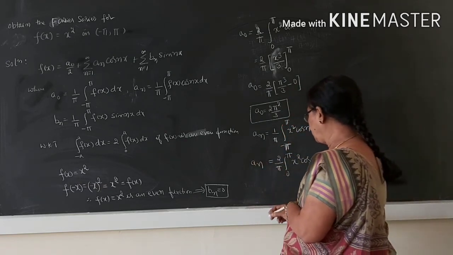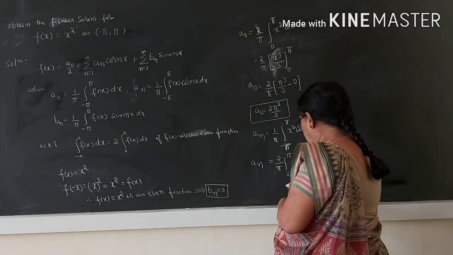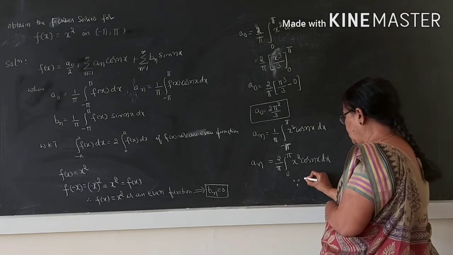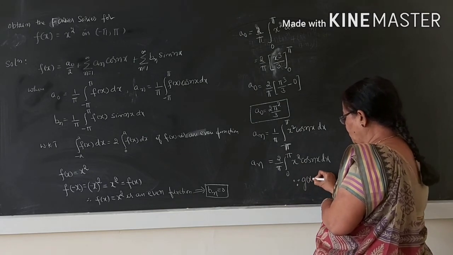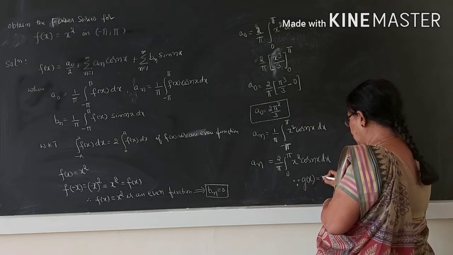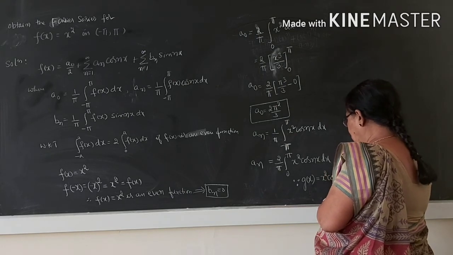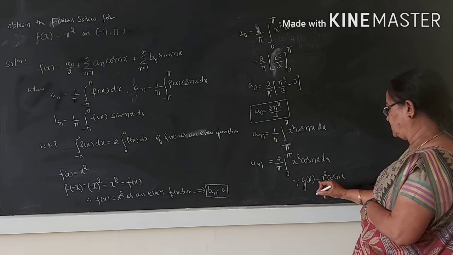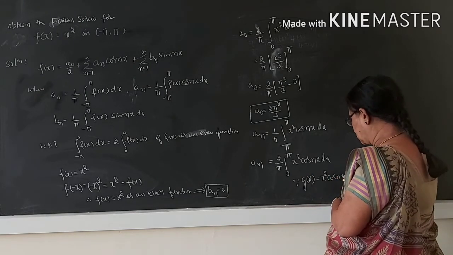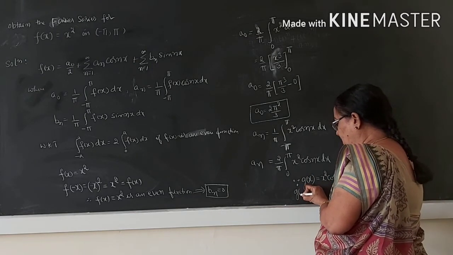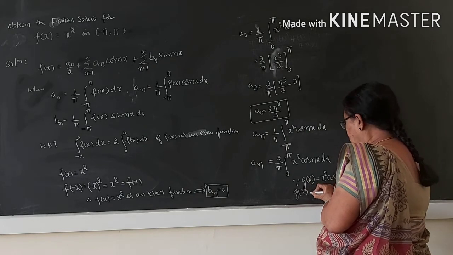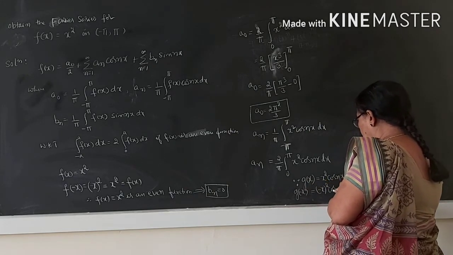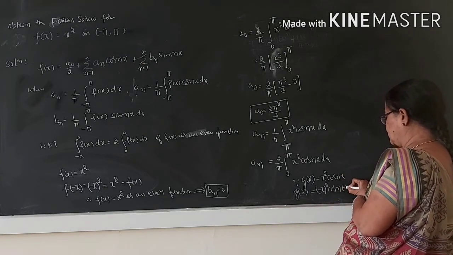Now I will write the reason for this. Is it okay? Here g of x is equal to x square cos nx. That is the term inside this integration, I write this as g of x. If I write g of minus x, this is equal to minus x whole square into cos n into minus x.